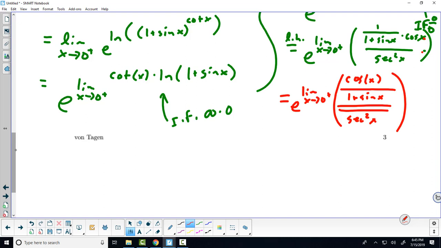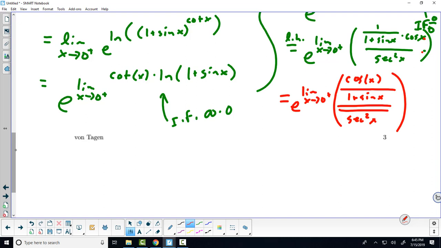Okay. Is this an indeterminate form? What's the secant of 0? Secant of 0 is what, folks? 1. So that's fine.